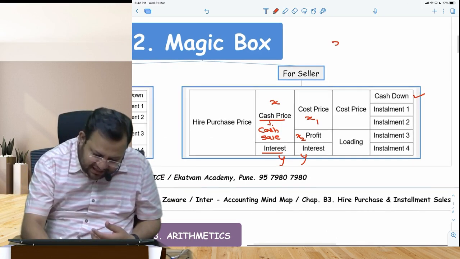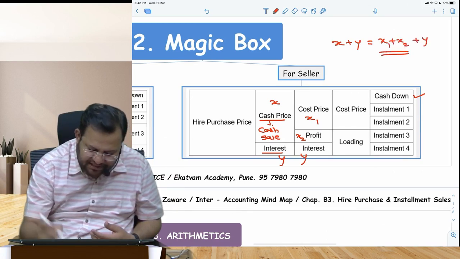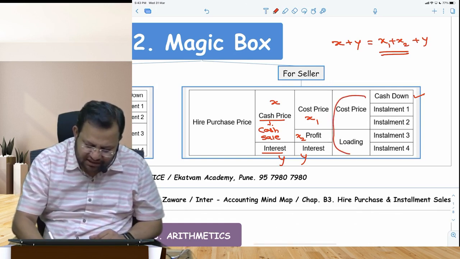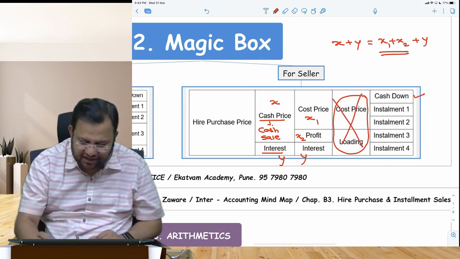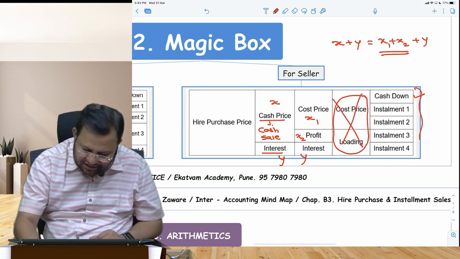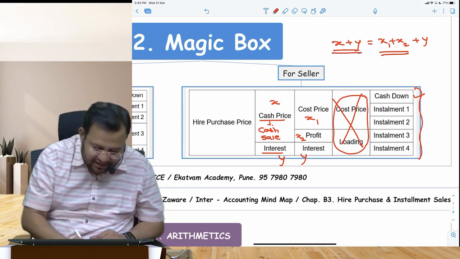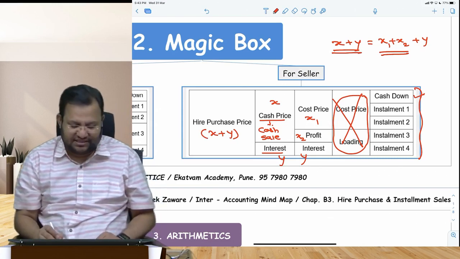And interest is Y. So X plus Y is equal to X1 plus X2 plus Y. X1 plus X2 is the bifurcation of the cash price. This was a hopeless thing in the old days, so I have only written it; today it is not relevant. So this total also is going to be equal to X plus Y. This hire purchase price is nothing but X plus Y, that is cash price plus interest.